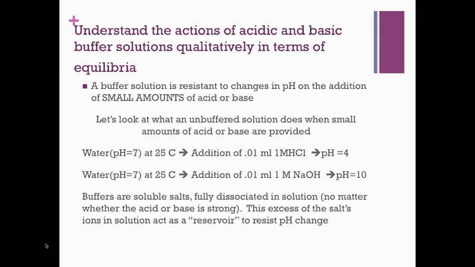Looking at adding a base such as sodium hydroxide, 0.01 milliliters of 1 molar sodium hydroxide, the pH goes from 7 to 10. So without using buffers, you tend to have wide ranges of pHs when you're trying to measure small changes.